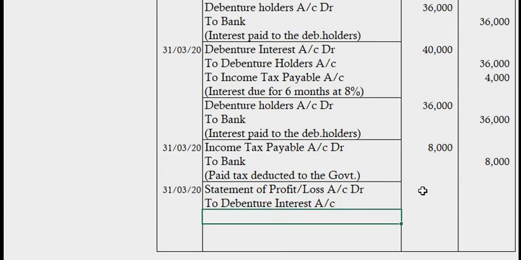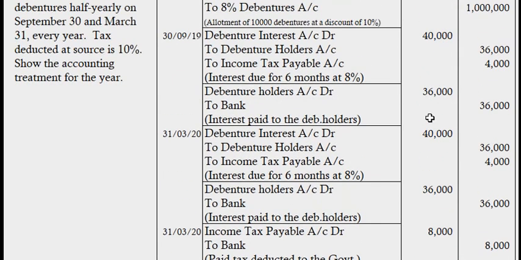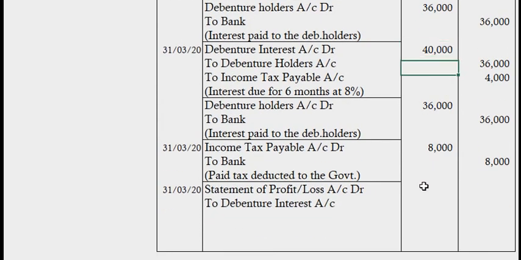So how much is the interest? Here we can see 40,000 debenture interest. Here also 40,000 debenture interest. So 40,000 plus 40,000, 80,000 rupees interest is paid on the debentures. That 80,000 rupees is to be transferred to the statement of profit or loss account.